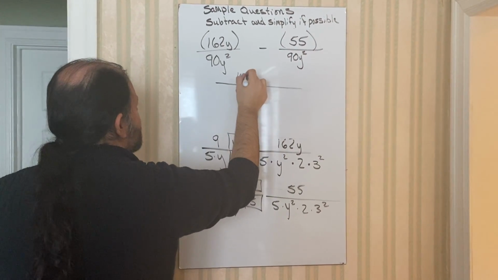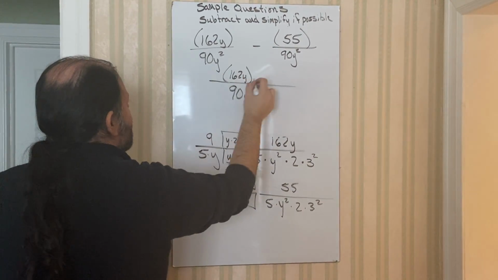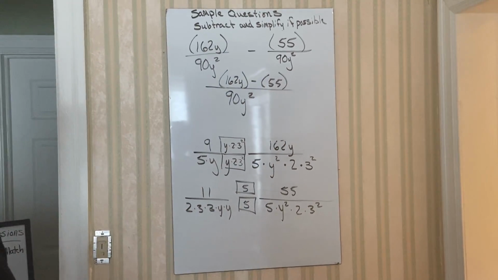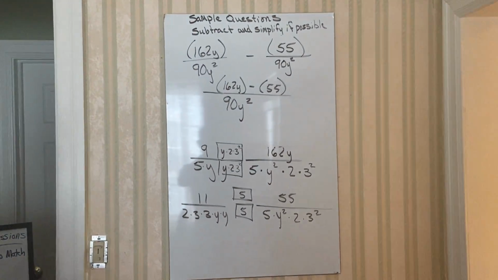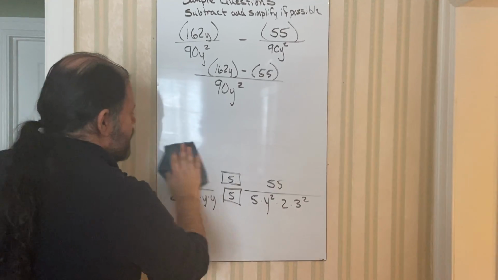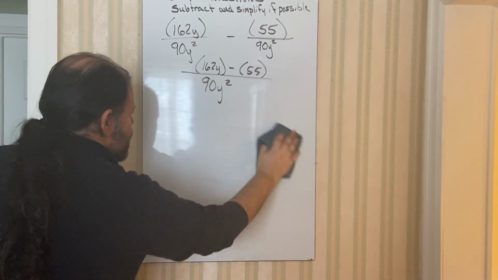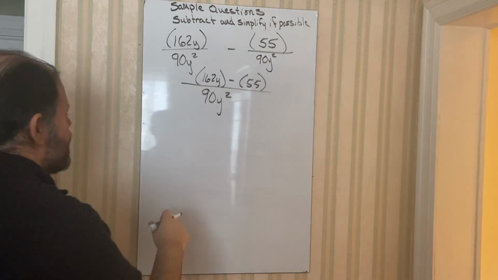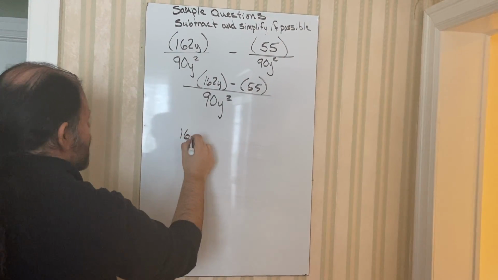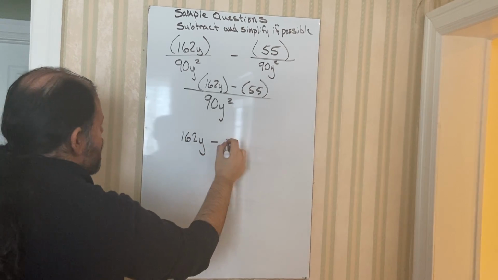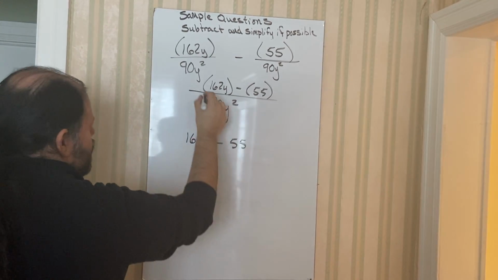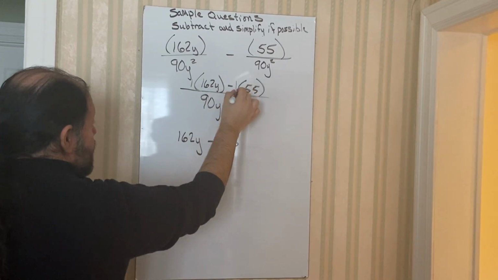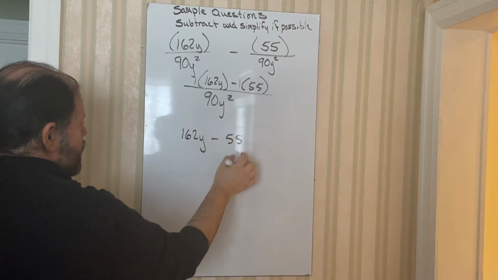So you have 162y minus 55. Then you want to distribute to get rid of those parentheses. Okay? Sometimes those parentheses really help you, especially when you have binomials. It looks like it doesn't really change anything because 1 times 162y is 162y. Negative 1 times 55 is negative 55.